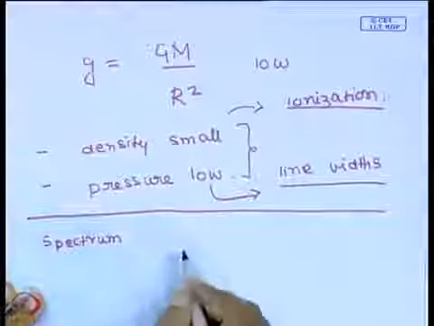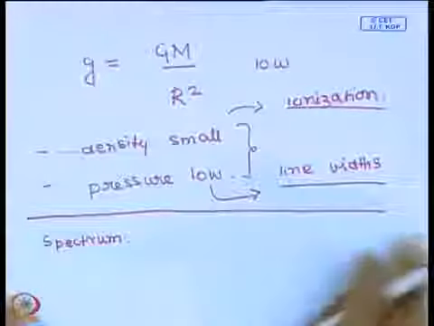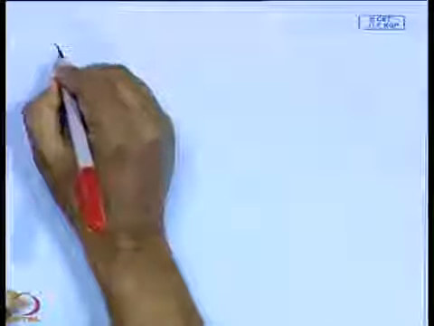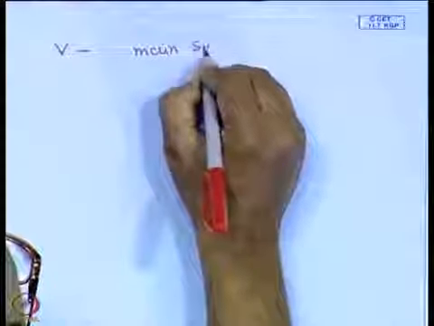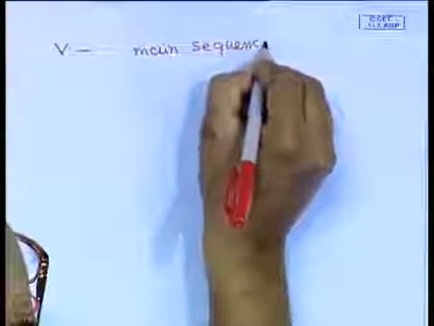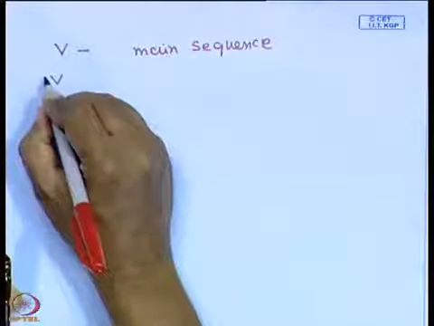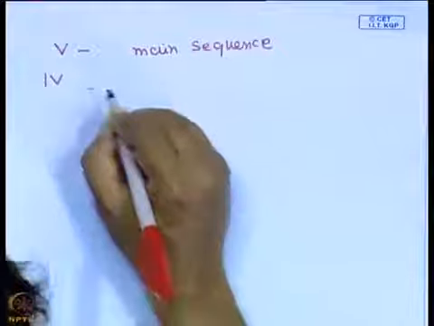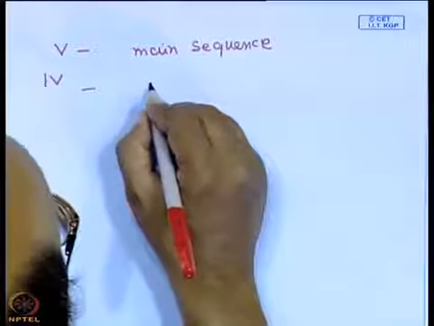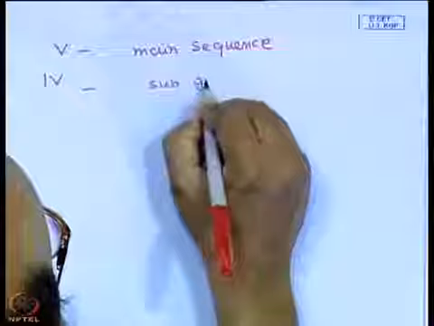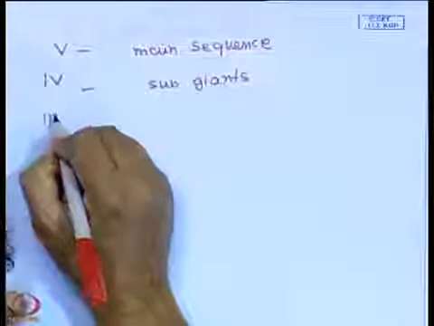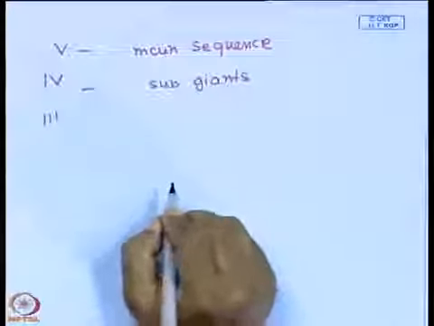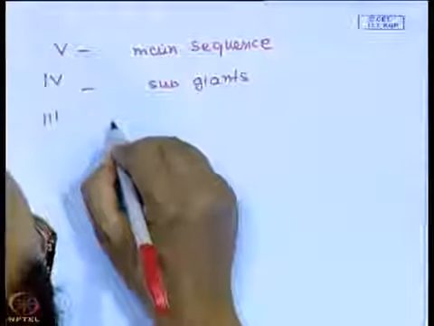Okay, so, there is a classification scheme which I had already mentioned. Let me tell you that. So, classes of the class 5 are the main sequence. Class 4, these are the subgiants. Class 3, these are the giants.